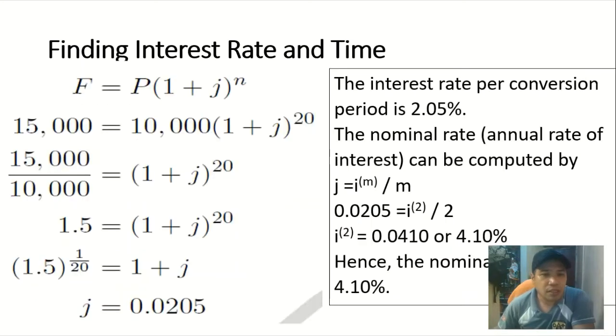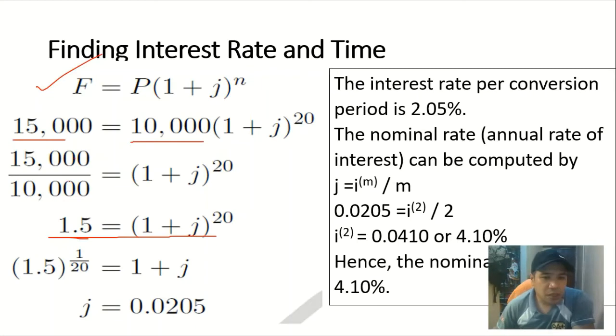Okay, to proceed, once again we have the formula. 15,000 is equal to 10,000 times (1 plus j) raised to 20. 15,000 divided by 10,000 is 1.5. So 1.5 raised to 1 over 20 is equal to 1 plus j.